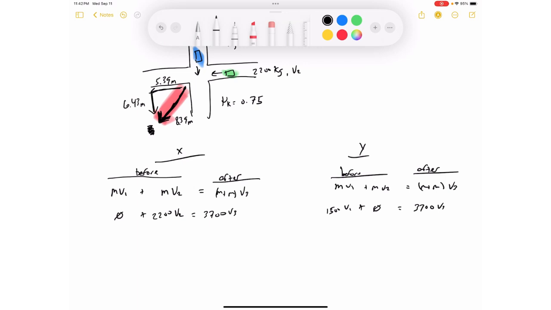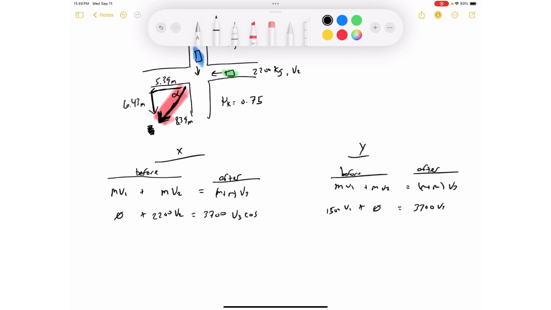And so how could I get just the X component of V3? Well, you could pretend that there is some alpha here, there's some angle, and I just want the X component of it.